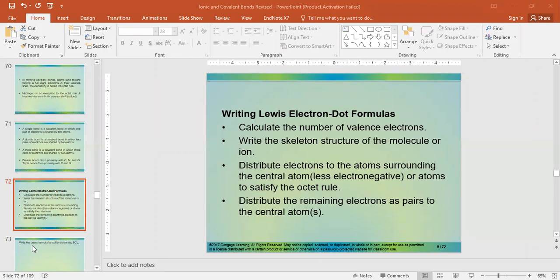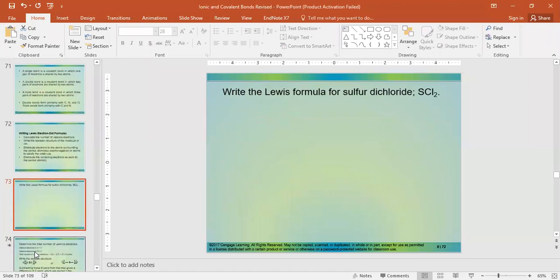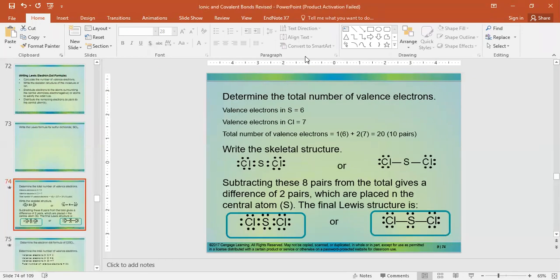And the first example that you can see is what we have here. Now, if you look at this, we have sulfur and we have 2 atoms of chlorine. So the first thing, as illustrated in the slide that follows, is to determine the total number of valency electrons.